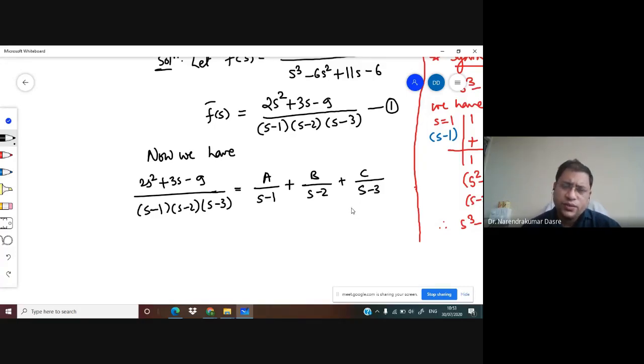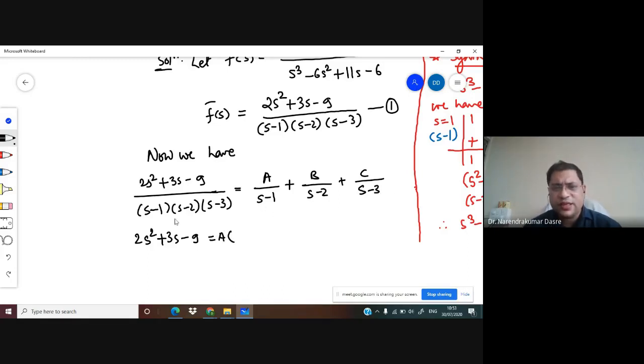Now, the next step is very important. Most of the students have confusion in the next step, so here we have to be careful. If you can understand the LCM and are able to write this, very good. If you are not able to understand the LCM concept, then the simple thing to do is: 2s square plus 3s minus 9 is equal to, take this denominator on this side and multiply.